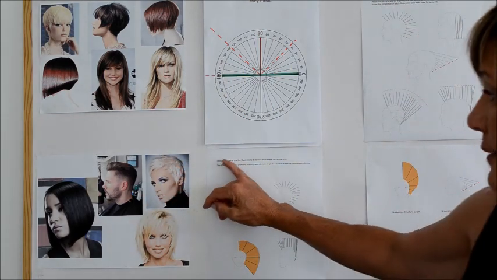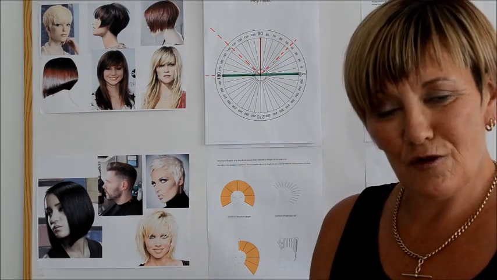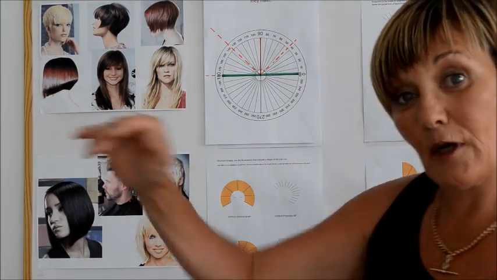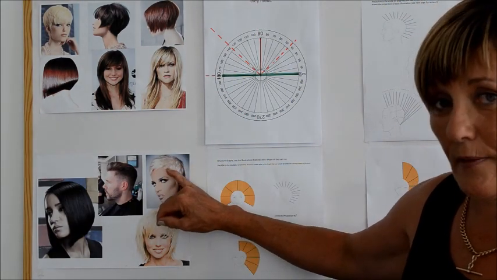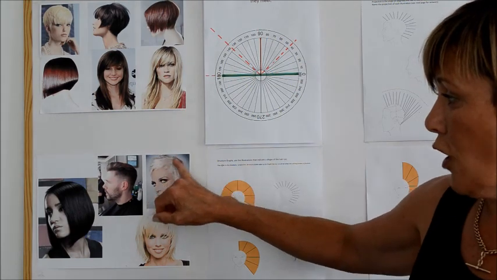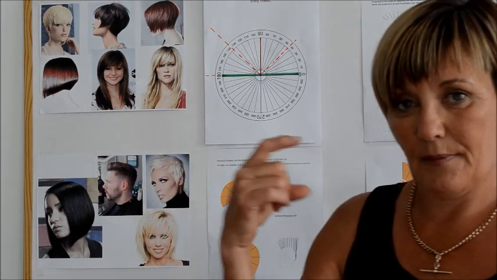When we look at these images here, we've got two uniform layers. Uniform means the same, and when we create a uniform layer, we're creating a shape that is the same across the head. So if we look at these two images, the shorter image of the two is shorter on the top, the crown, the sides and through the nape, but all at the same length.